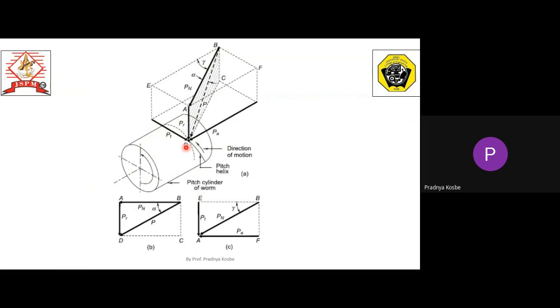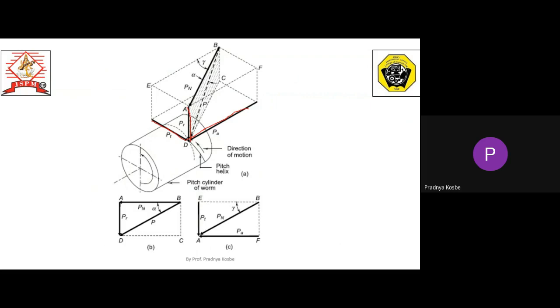Pr is the radial component acting on the worm. Pa is the axial component acting on the worm, and Pt is the tangential component acting on the worm.